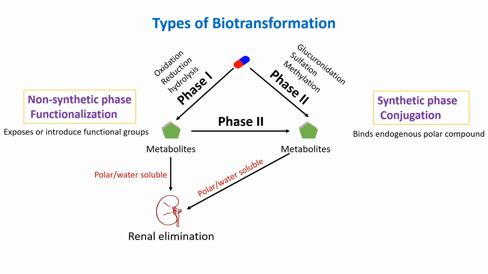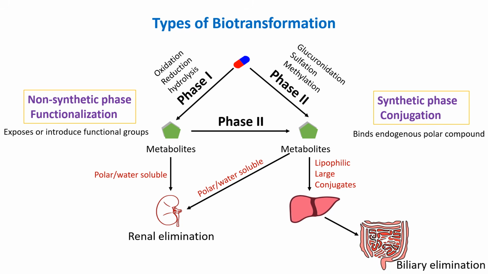Although this is usually a sequential process, phase 1 metabolites may be excreted without undergoing phase 2 biotransformation, and phase 2 reaction can precede or occur without phase 1 reaction. Despite undergoing these two reactions, some drugs and their metabolites are not rendered water-soluble. In such cases, where the drugs are lipophilic, large, or conjugated, biliary excretion removes them in feces.